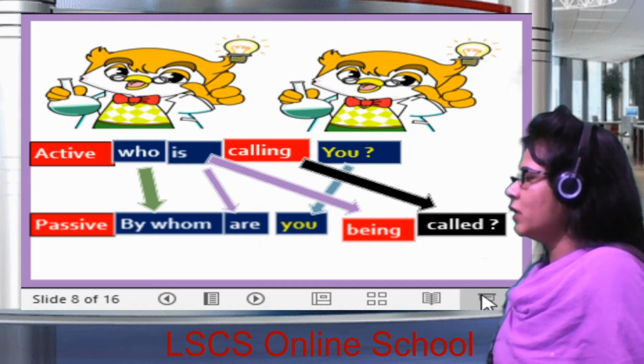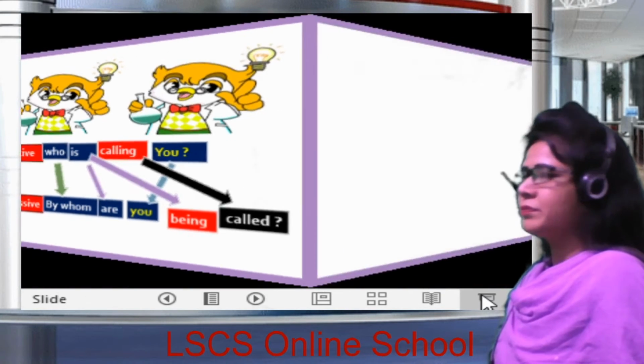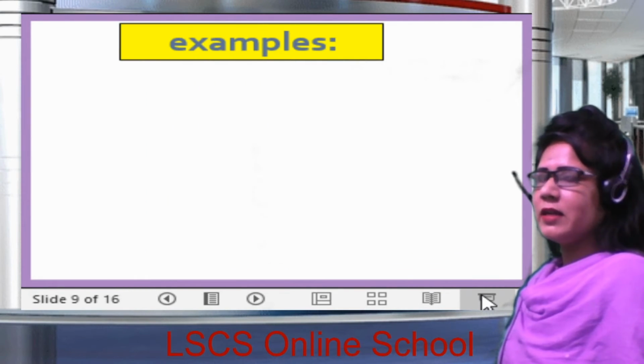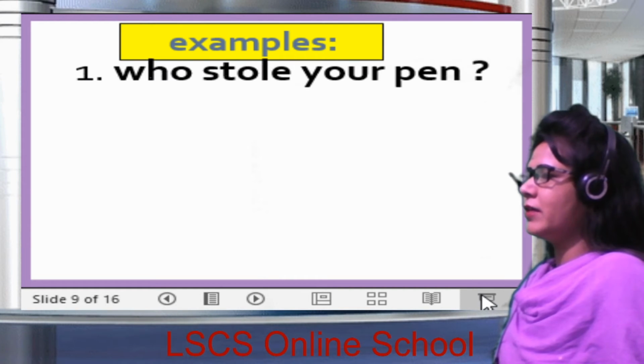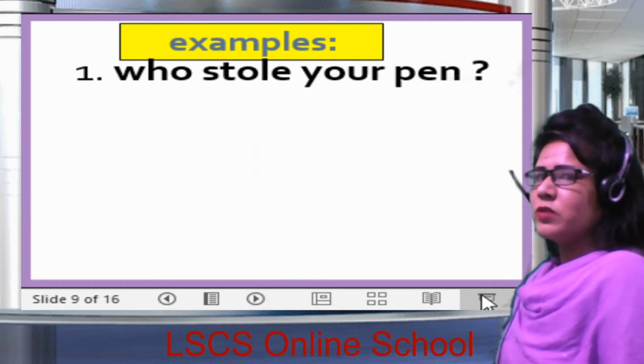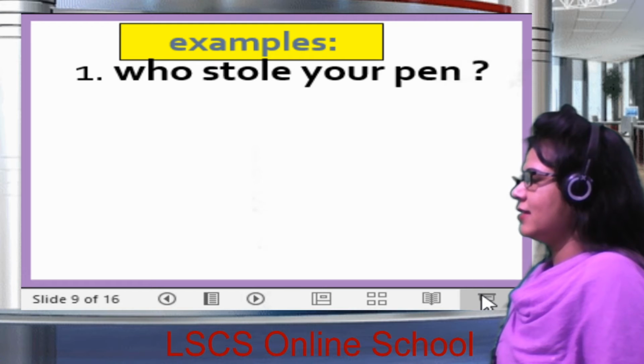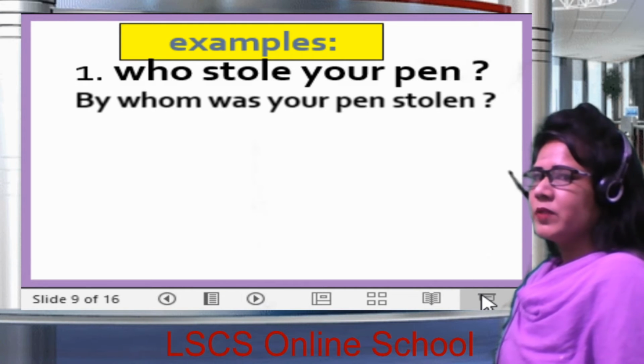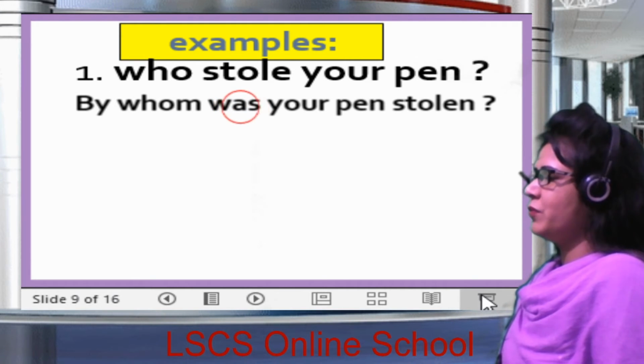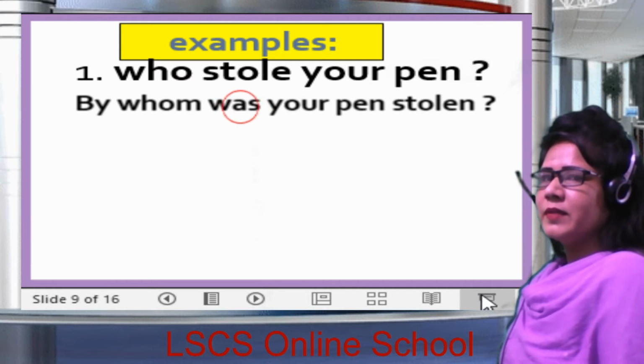begins with the word who. Dear students, so next slide for you, dear learners. Examples here, just follow carefully. Example: who stole your pen? Dear students, just change it into passive. So by whom was your pen stolen?